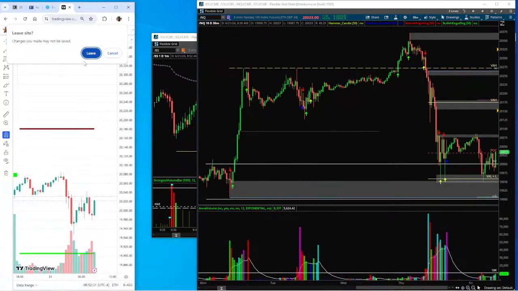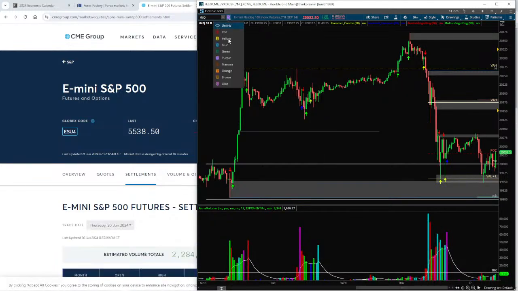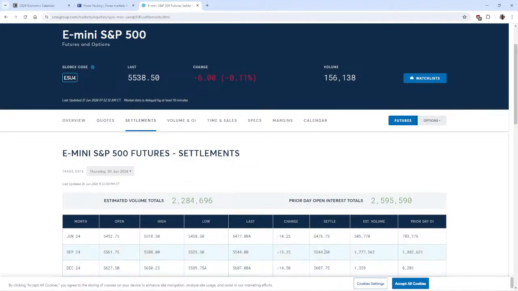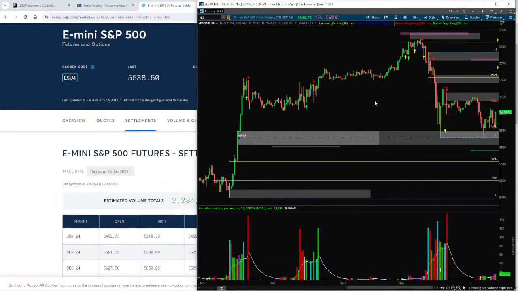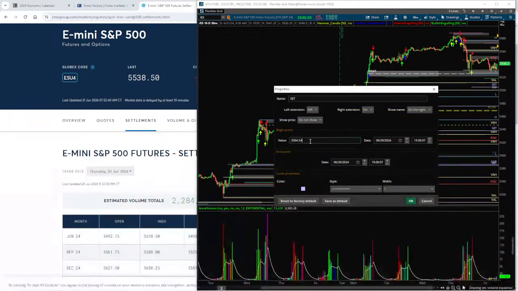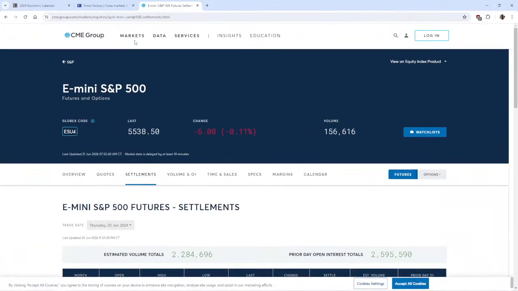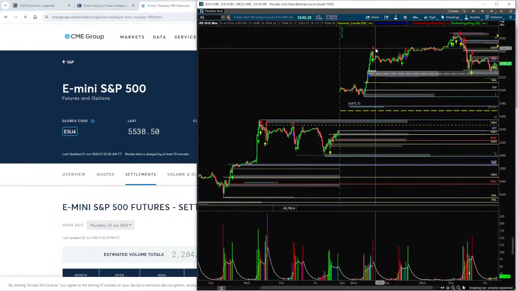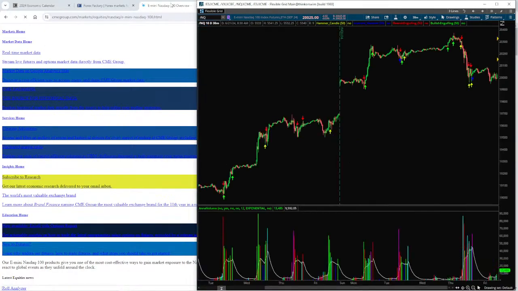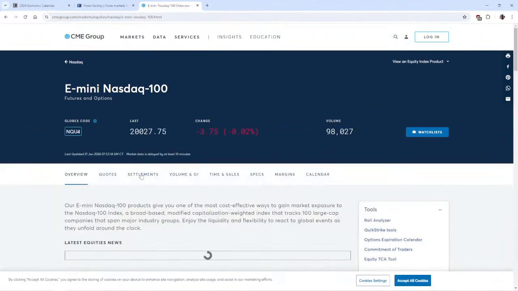Settlement. September. Cool. Yes. Settlements.